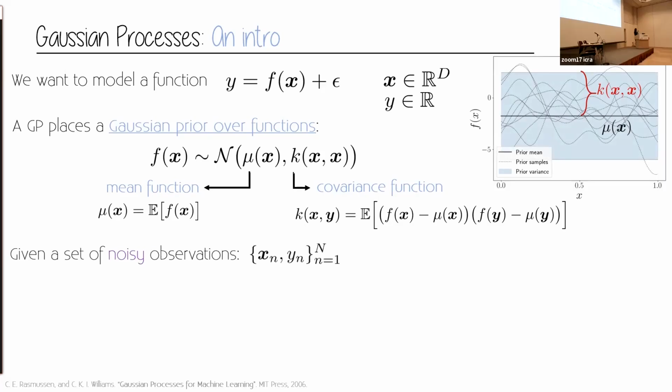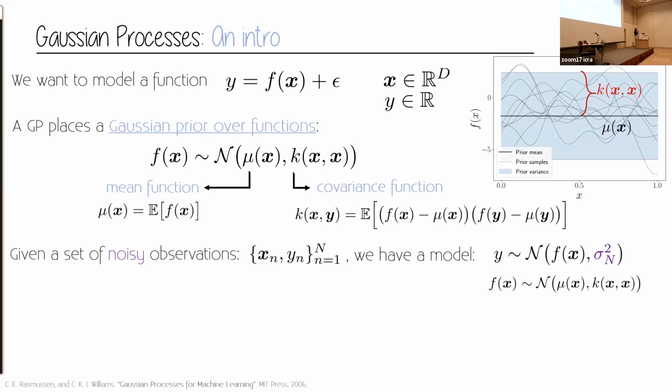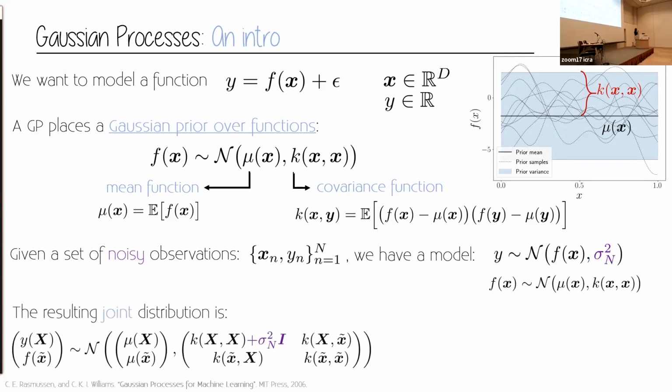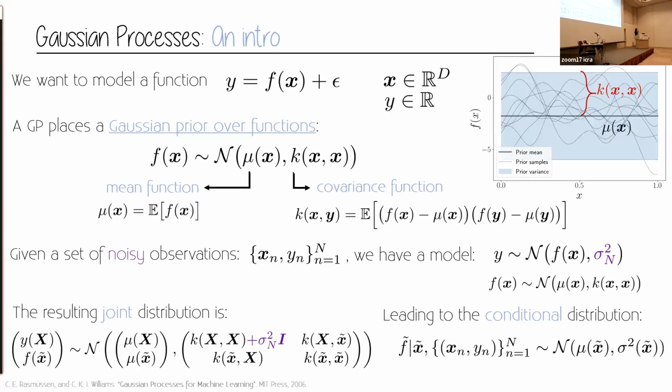The idea here is that when you're given a set of noisy observations of your function, you can refine your model, and you compute the posterior, so the joint distribution of the data that you observed, which are the uppercase X, and this is the new data point, the new input for which you would like to know the value of the function. Based on this joint distribution, you can compute the conditional distribution, and now you obtain the value of the function at an unknown input, which depends on the previous points that you observed.